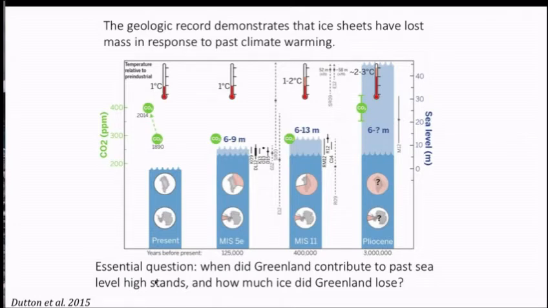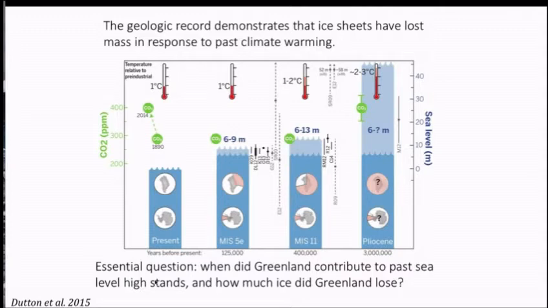So geologists have worked on this problem for a long time, and this is a compilation of what we think happened to global sea level in response to other periods in Earth's history that were naturally warmer than today due to different orbital configurations as well as different concentrations of atmospheric CO2.